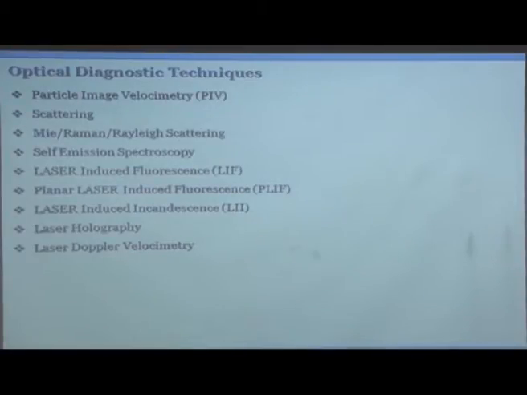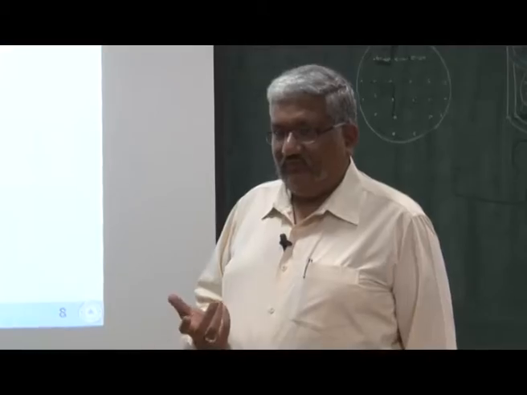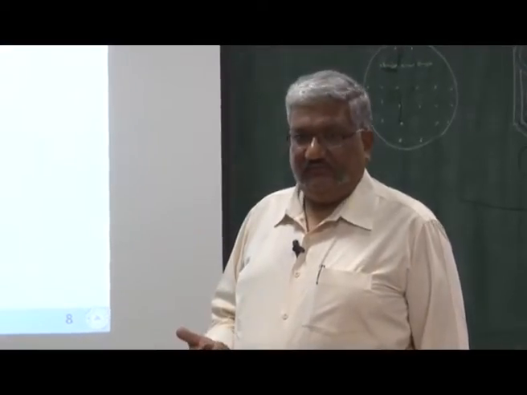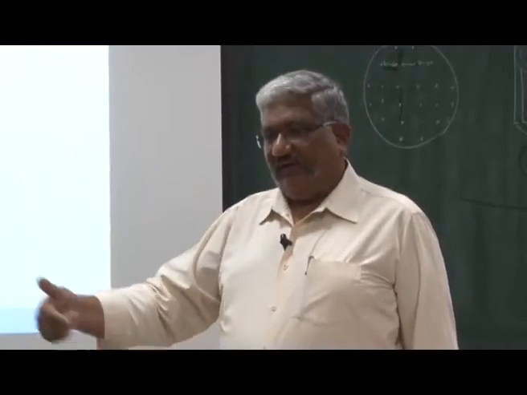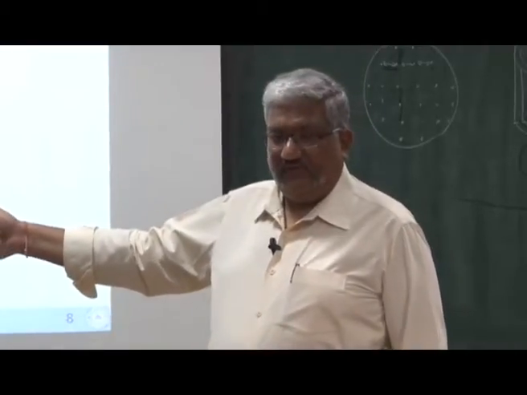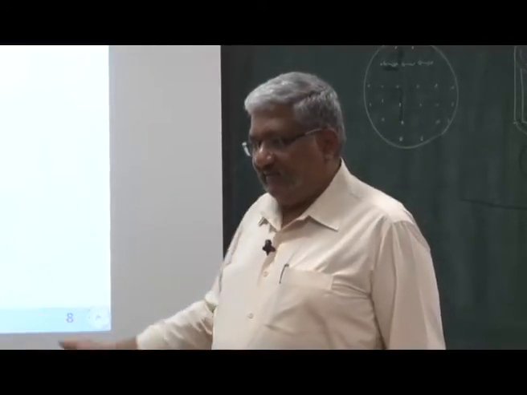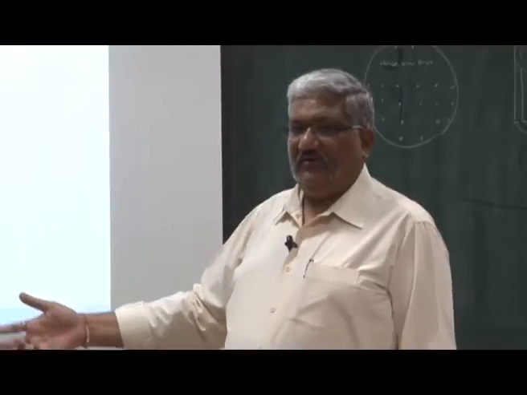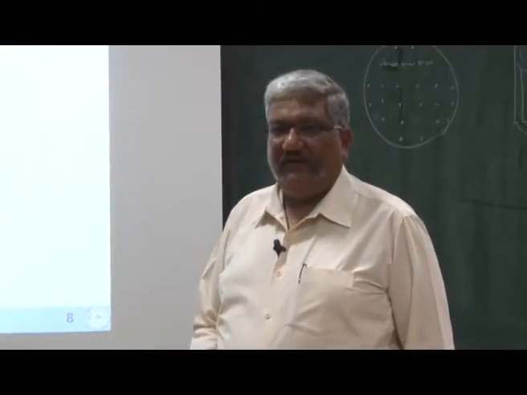For example, if you want to understand particulate formation inside the engine combustion chamber, so far without optical diagnostics, what do you do? You run the engine and in the exhaust you put some kind of a probe, take the exhaust sample into your opacimeter to understand what kind of opacity it has, or pass the sample through a filter paper under controlled conditions and then measure the particulate weight.